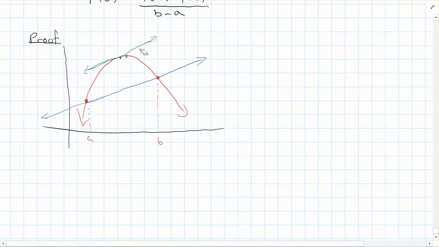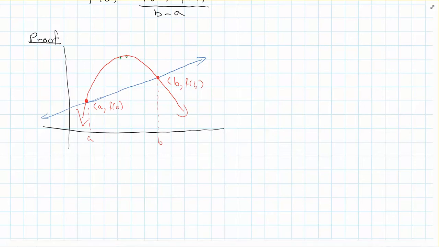I'm going to erase the green stuff there because I don't really need that. But what I'm going to do is label some things here. First, I'm going to label this point here (b, f(b)), and this point here is (a, f(a)).